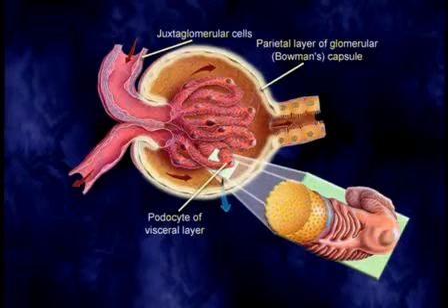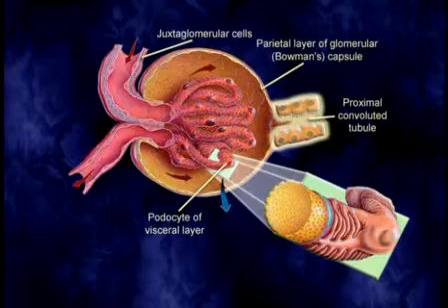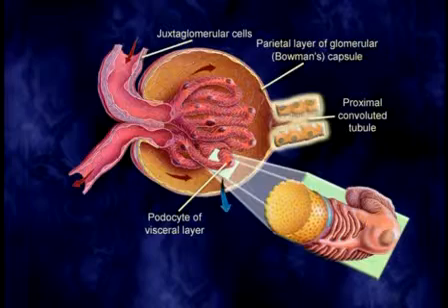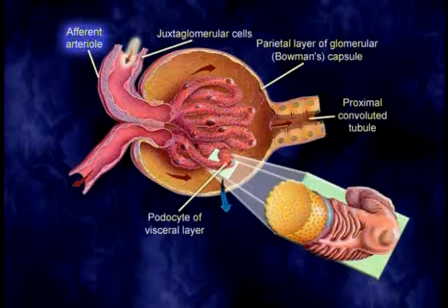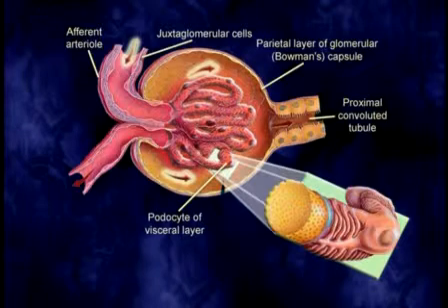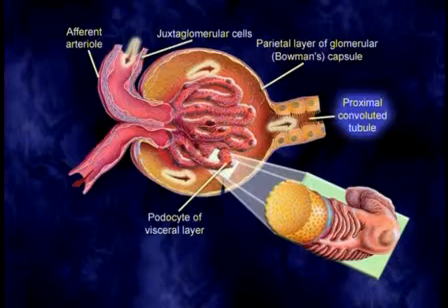And as you can see, it's continuous with the cells lining the convoluted tubule, and it has micro hairs on it. Blood goes in here, and then liquids are pressed out into this cavity, where they will then float down into the convoluted tubule. Let's go back and look at this now, backing off a step.